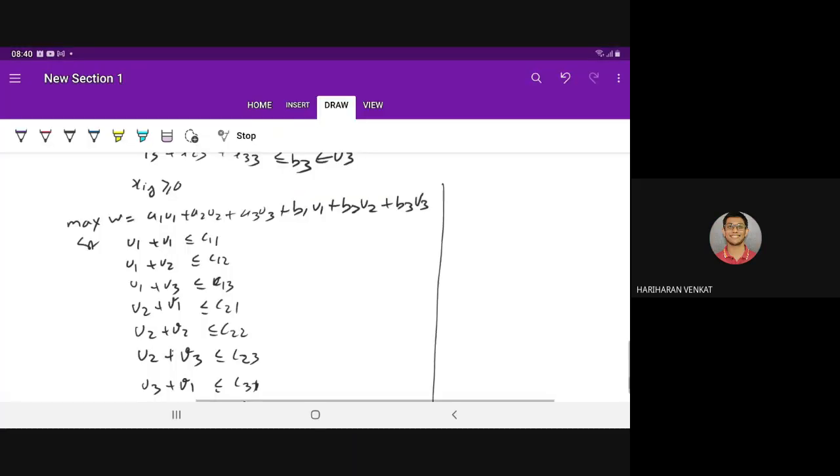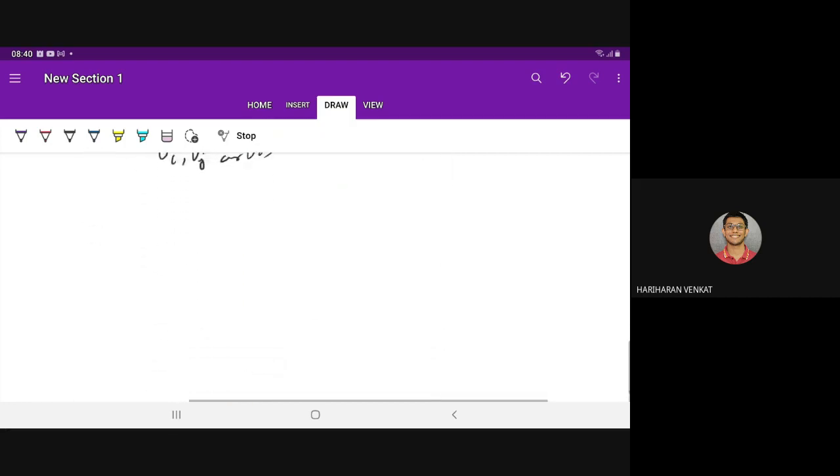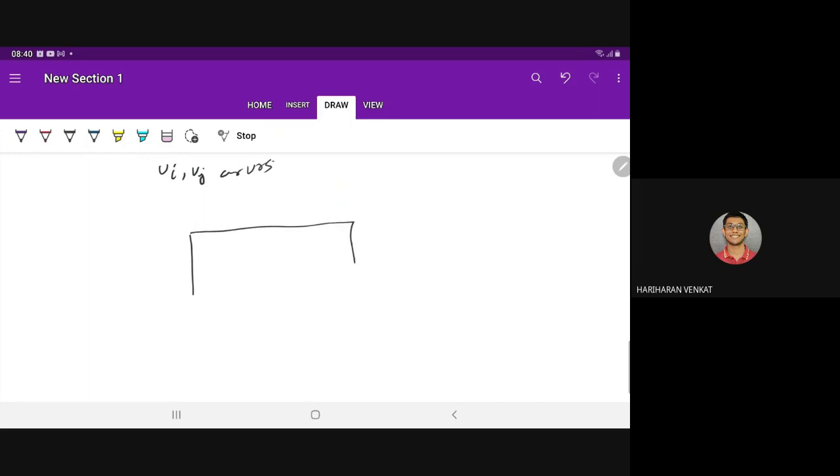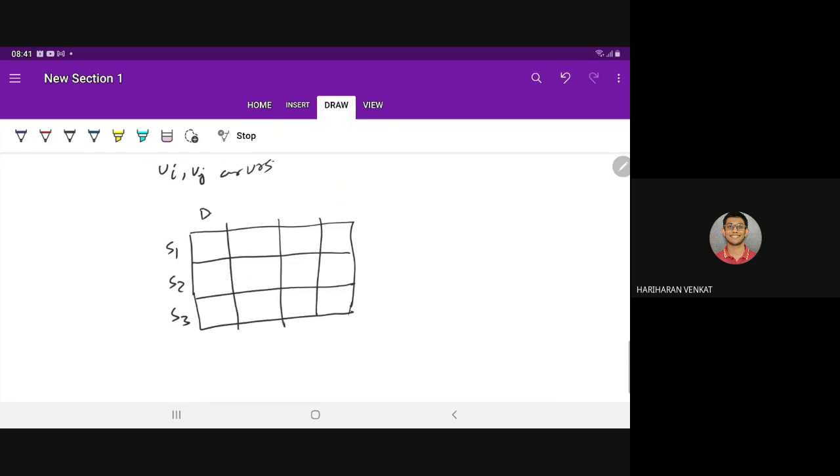Here we have source 1, source 2, source 3, or you can say aircraft 1, aircraft 2, aircraft 3. And here we have village 1, village 2, village 3, village 4.